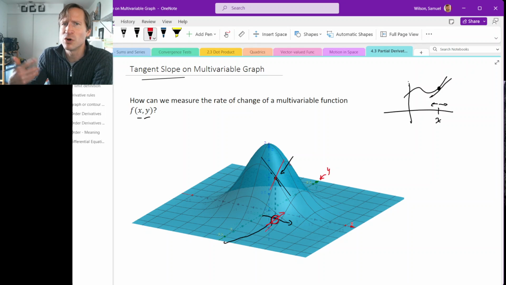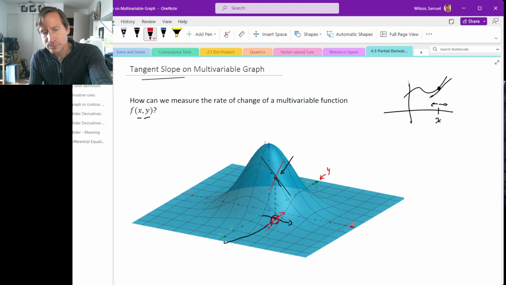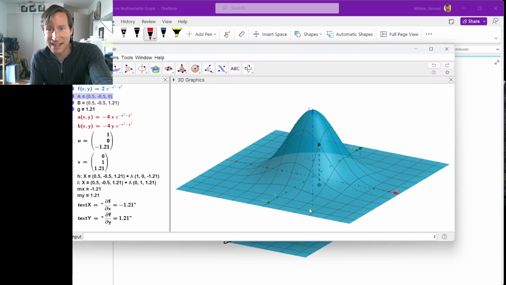Of course, if we had more input variables, we would have more possible derivatives that we could take. It's a little awkward to try to draw on this picture, so let's look at the animated version of this.